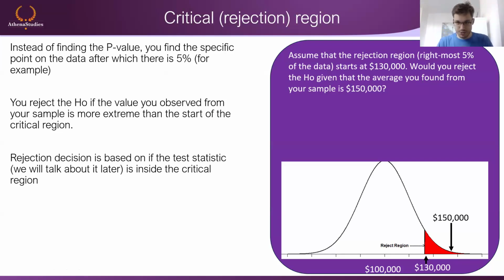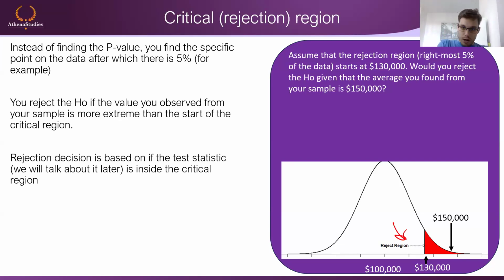So how does this work? If I go into the tables that we discussed, and I find a value of say 140,000 in there, and that's exactly on the 5% rejection region. In this case, you can see it's written down on the right-hand corner right here. It says 130,000.